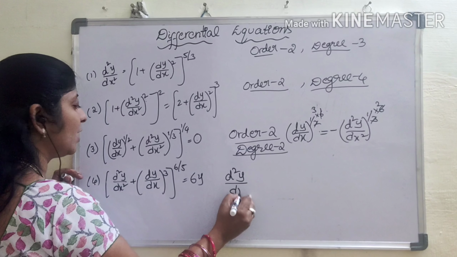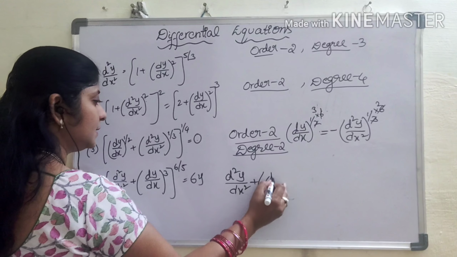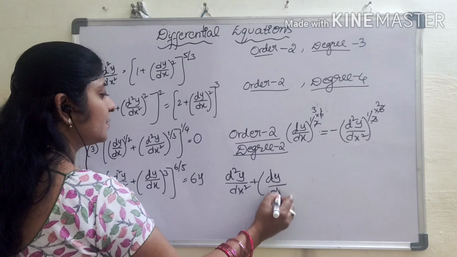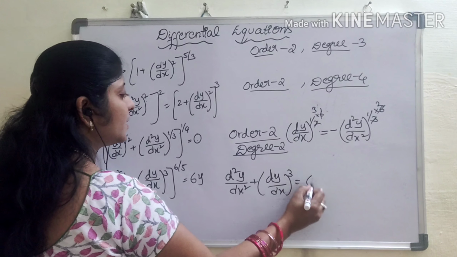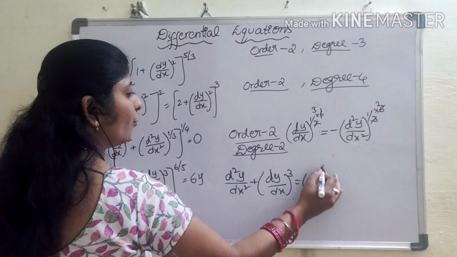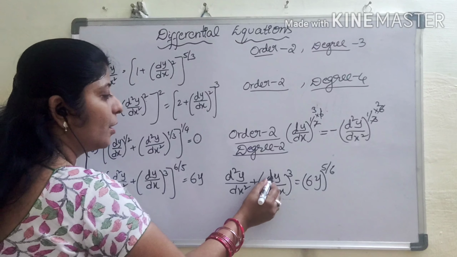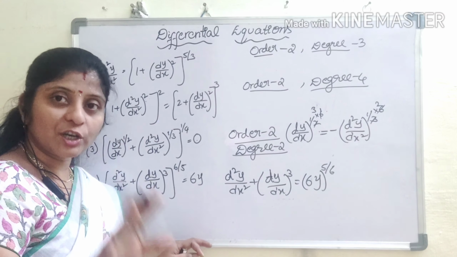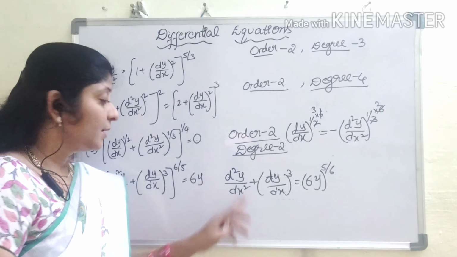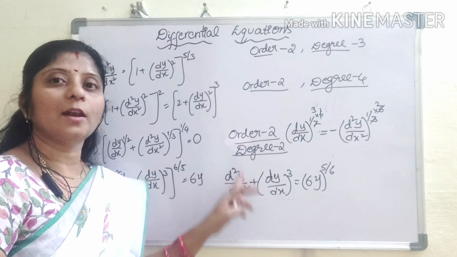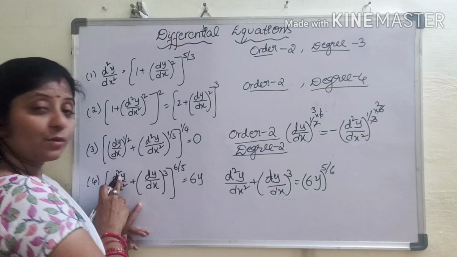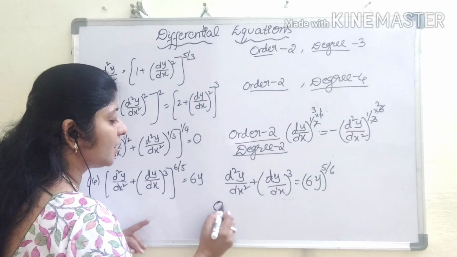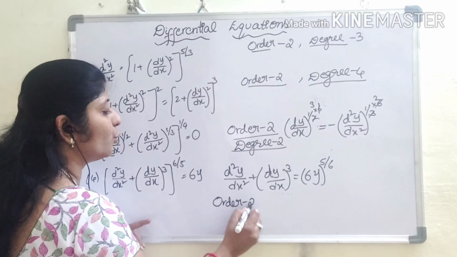If you observe the fourth one, here the power of 6 by 5 will be on that side: d square y by dx square plus dy by dx whole cube equal to 6y power 5 by 6. We have to remove the rational powers in which the terms consist of the higher order derivative. Here d square y by dx square is the higher order derivative, that means order is 2.